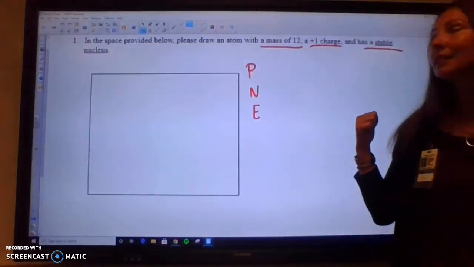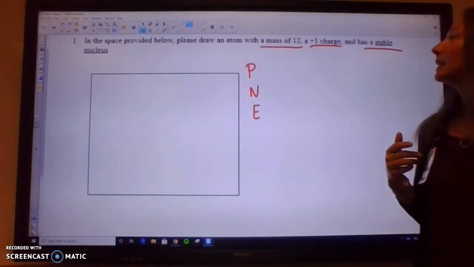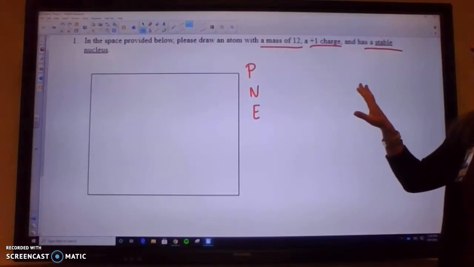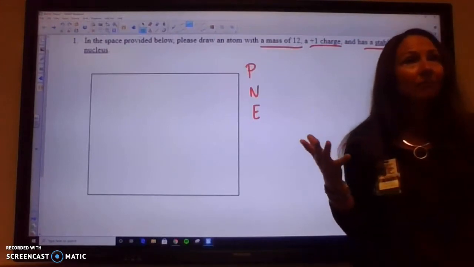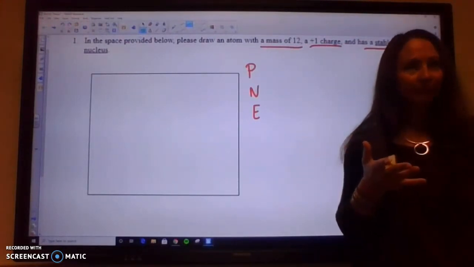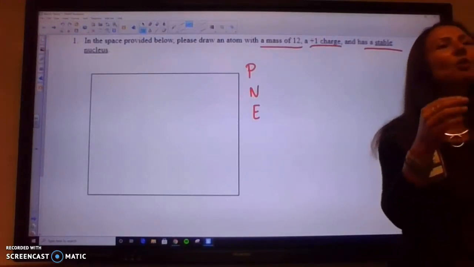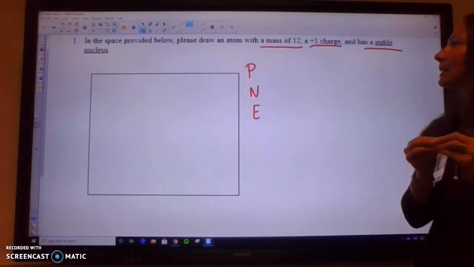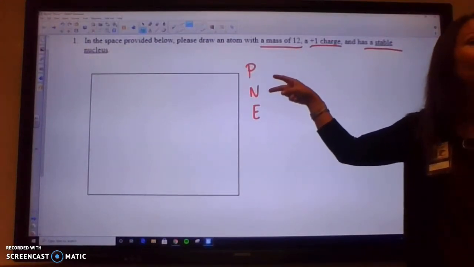Now, does this tell us that we have to have a certain atomic number? Because that determines the protons. No, it does not. So for a mass of 12, what makes up the mass of an atom? Protons and neutrons. So your protons and neutrons make up the mass, and so we know that there's got to be a certain combination that equals 12.